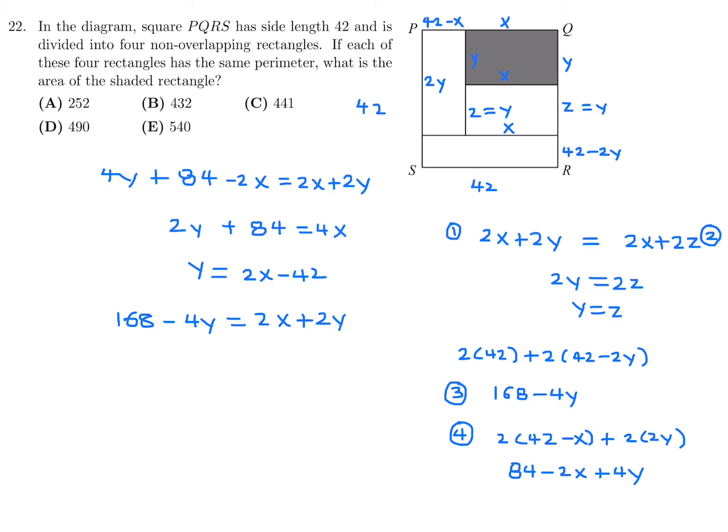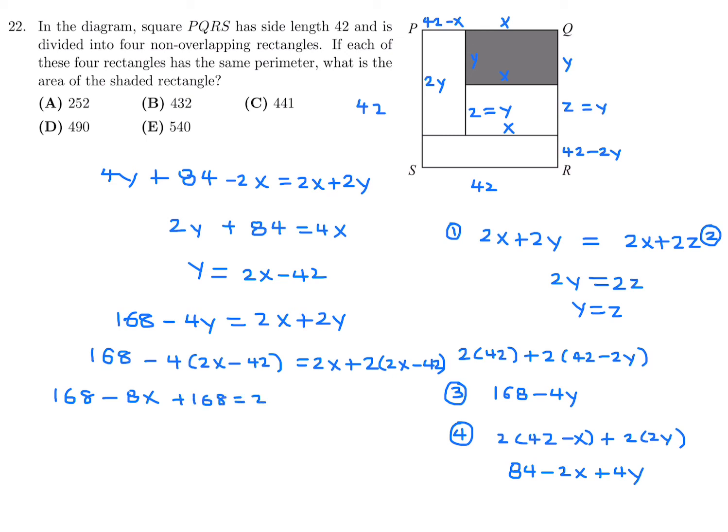And then now I can substitute for y. So 168 minus 4 times (2x minus 42) is equal to 2x plus 2 times (2x minus 42). So this becomes 168 minus 8x plus 168.